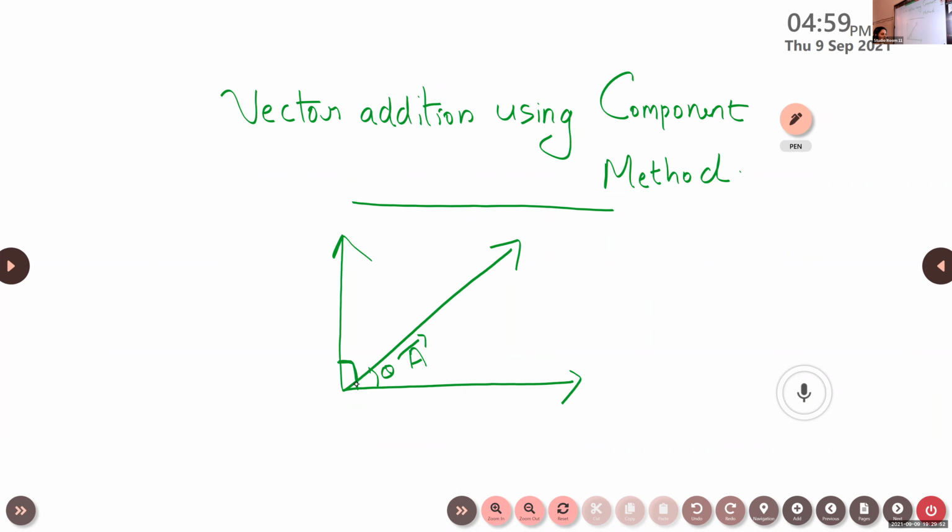Now we assume these components lie along the x and y directions of a coordinate system respectively.